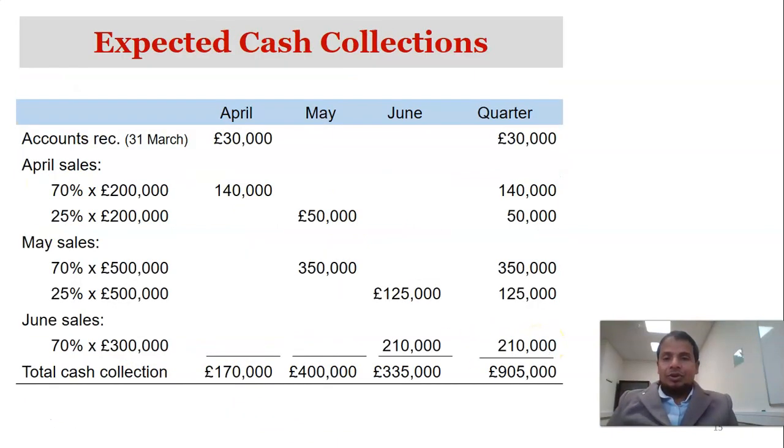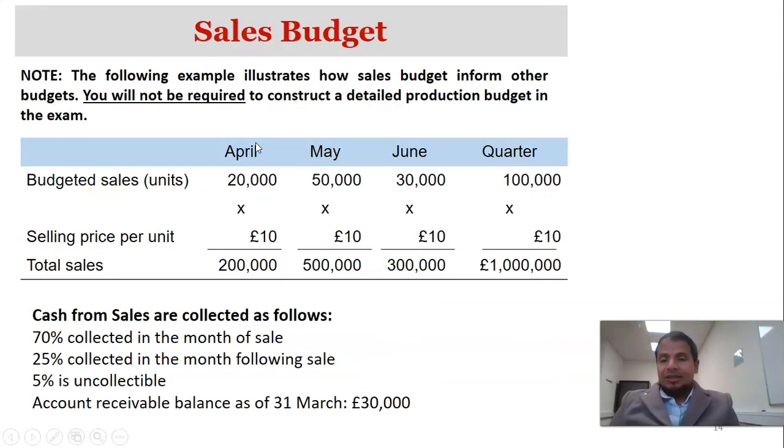So expected cash collections: we can calculate the expected cash collections for the quarter. The accounts receivable on 31st of March would obviously be collected in the next month. As the collection schedule says, 70% in the month of sale and 25% in the next month, the sales of one month are collected in two months, the current month and the following month.